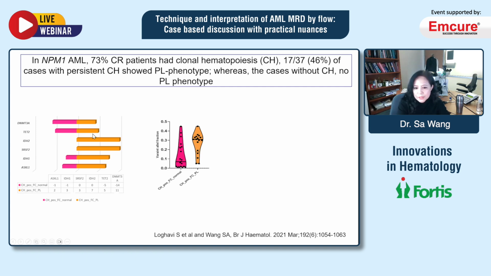So, this pre-leukemic cell immunophenotype tends to correlate with certain mutations like IDH2 and SRSF2. They tend to have a higher VAF, the ones with flow abnormality, compared to the ones without flow cytometry abnormality. But the important thing is, they actually don't affect relapse-free survival.